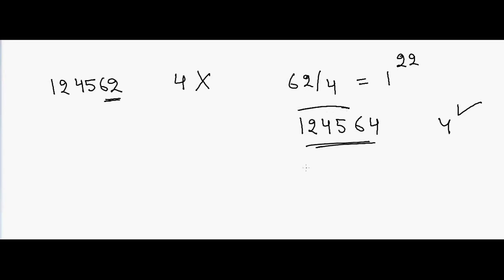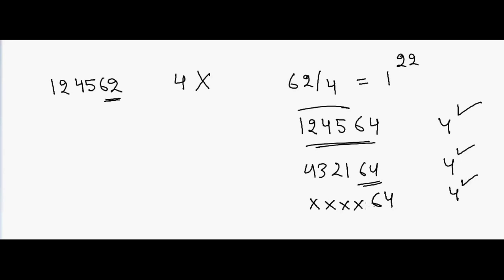I can write 4 3 2 1 6 4, then again it is divisible by 4, or I can write anything x x x x and 64, then this number should also be divisible by 4. So I have to look at the last 2 digits to check if the number is divisible by 4 or not. In this case it is not. Now let's write the number again.